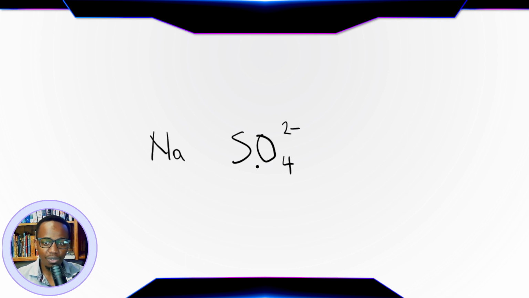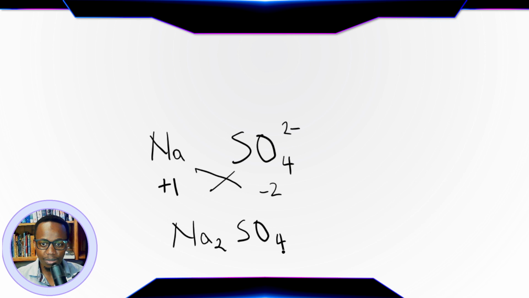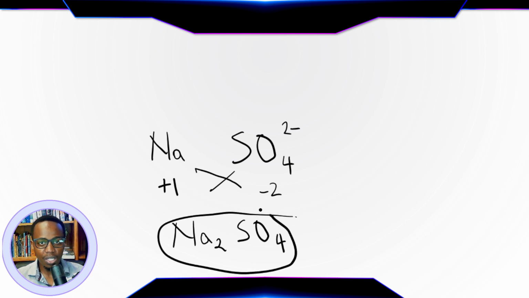Then I ask you, what's the formula between these two? You're going to use +1, -2. If you do the cross here, you see that sodium will have to be 2, Na2, and then SO4 gets 1. And this is sodium sulfate. We learned how to do the chemical formula, whether you have atoms, elements, polyatomic ions, and things like that.